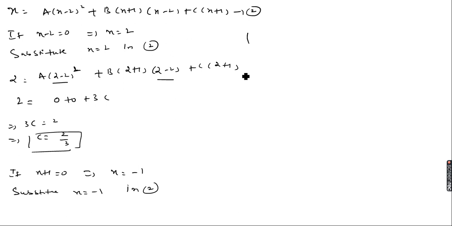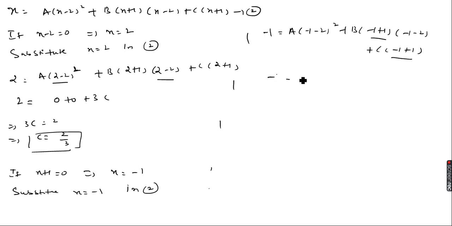We get minus 1 equal to a into (minus 1 minus 2) whole square plus b into (minus 1 plus 1) into (minus 1 minus 2) plus c into (minus 1 plus 1). Minus 1 plus 1 cancels, we get this equal to a into (minus 3) whole square, nothing but 9, plus 0 plus 0. So therefore 9a equal to minus 1, from that a is equal to minus 1 by 9.